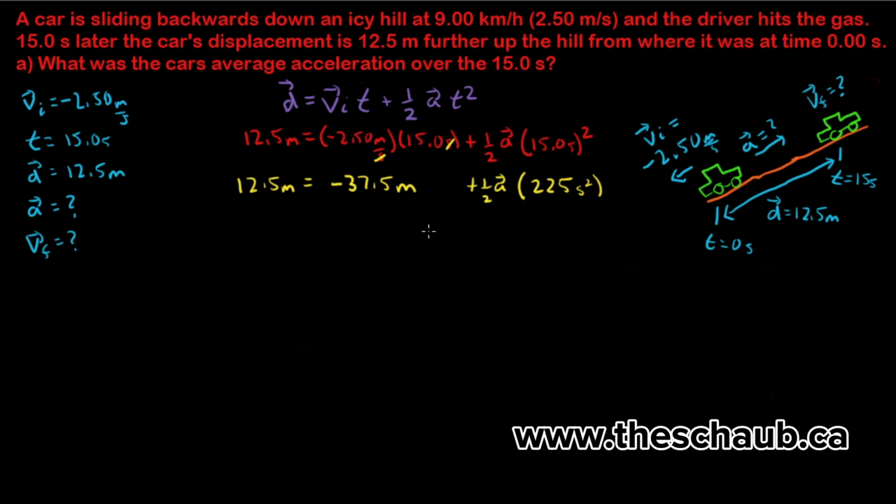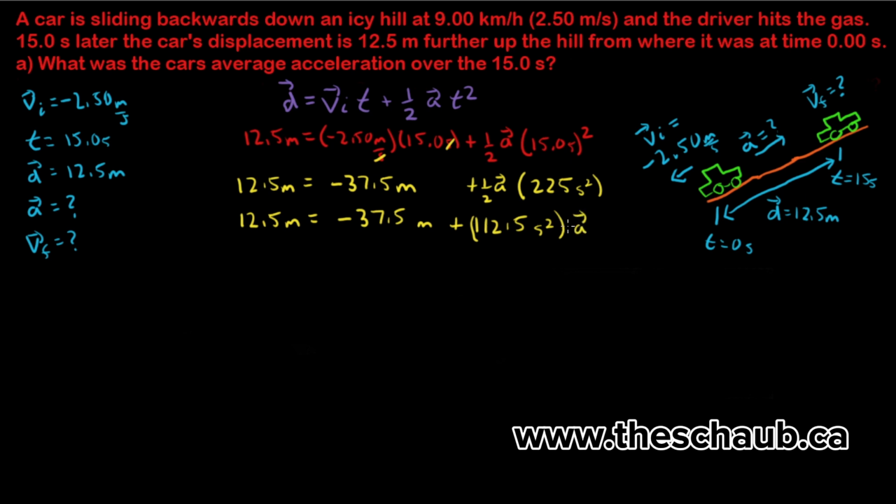So if we rewrite this all, we end up with 12.5 meters is equal to negative 37.5 meters plus 112.5 seconds squared. And this is still multiplied by our acceleration.